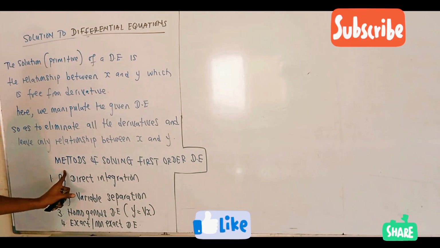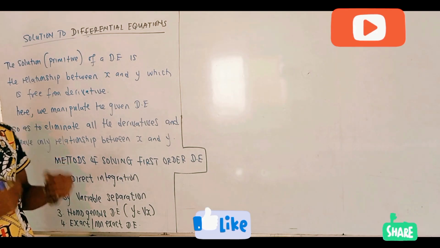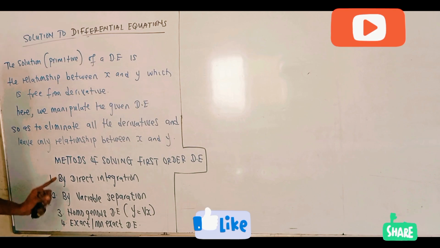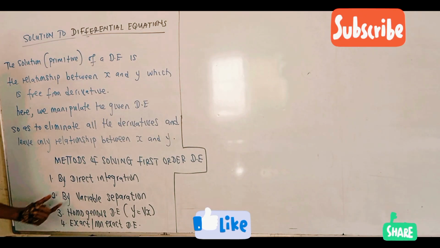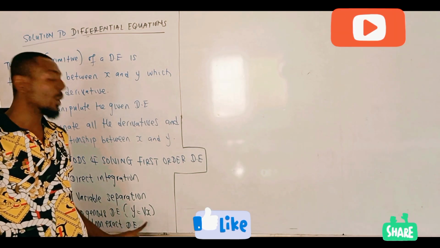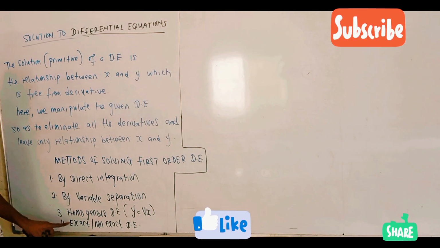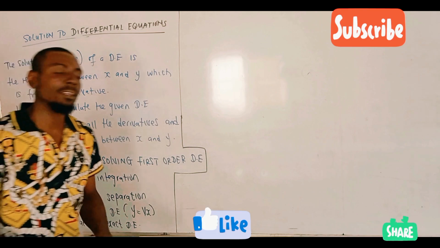So we have the methods of solving first order differential equations. We have the first one, by direct integration, then variable separation, homogeneous differential equation, that's by substitution, y equal to vx. Then the final one we have here is exact and non-exact differential equation.